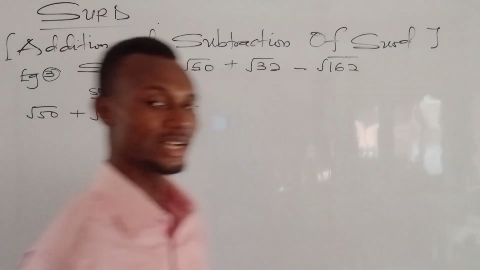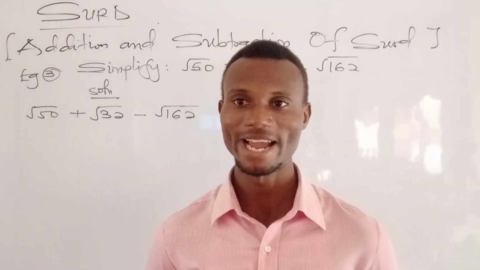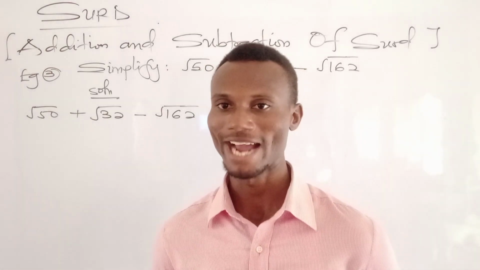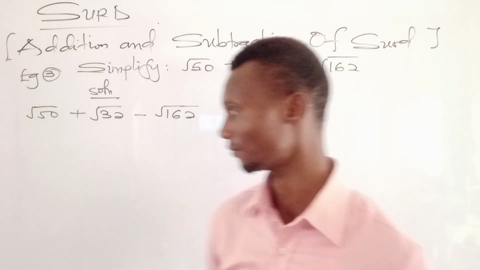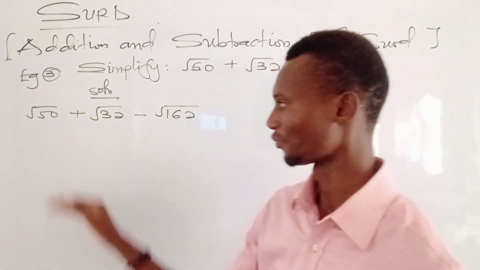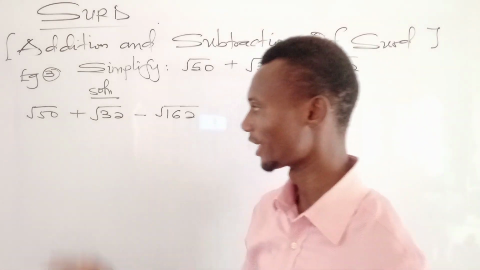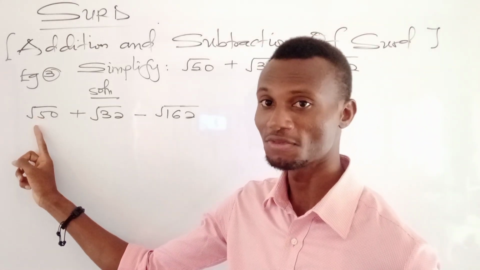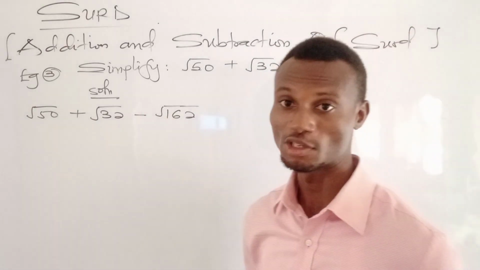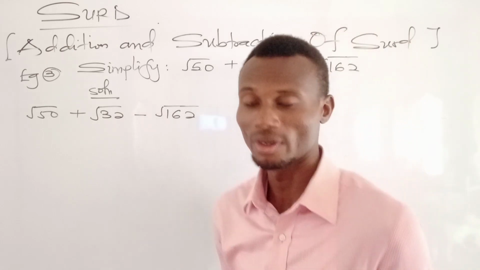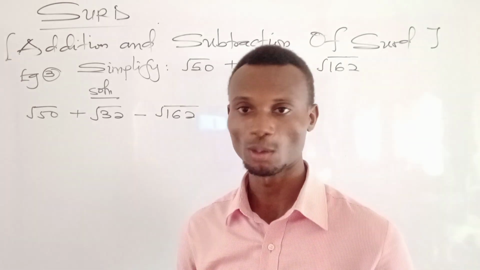We have to simplify this one, and we've learned from the previous videos that under the addition and subtraction of surds, we can only add like terms, and we can only subtract like terms.